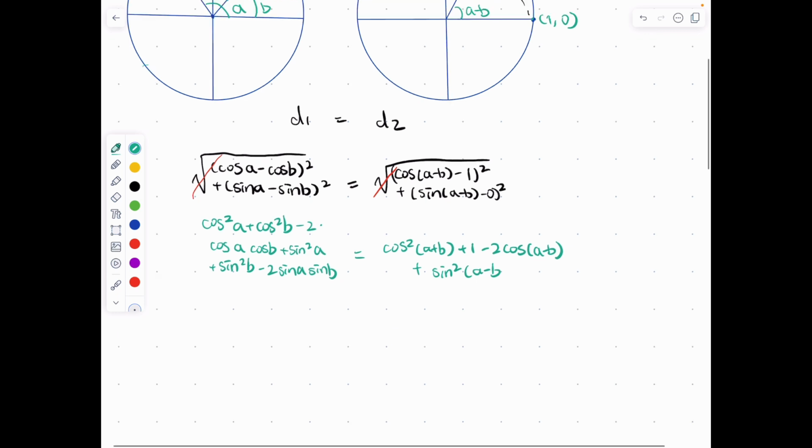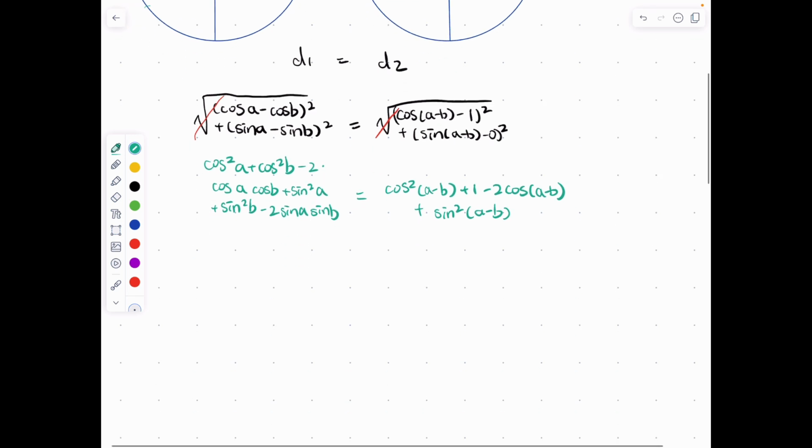Oh wait, and by the way, that should be a minus. Okay, so we can group these. This and this, that would be 1. And then this and this, that would be 1. Minus 2 times cosine of a cosine of b plus sine of a sine of b.